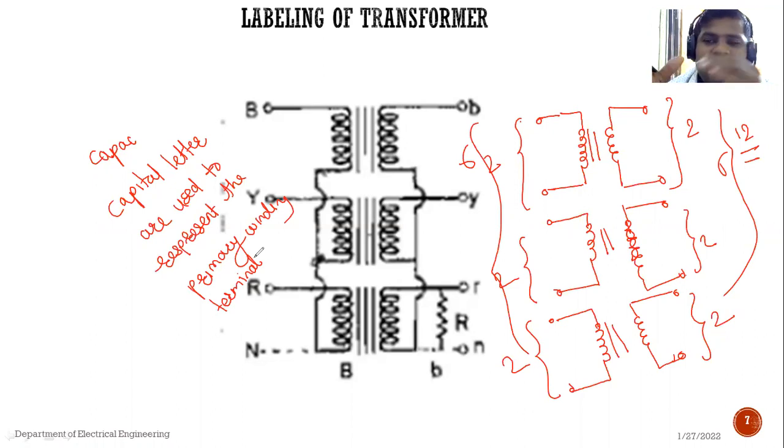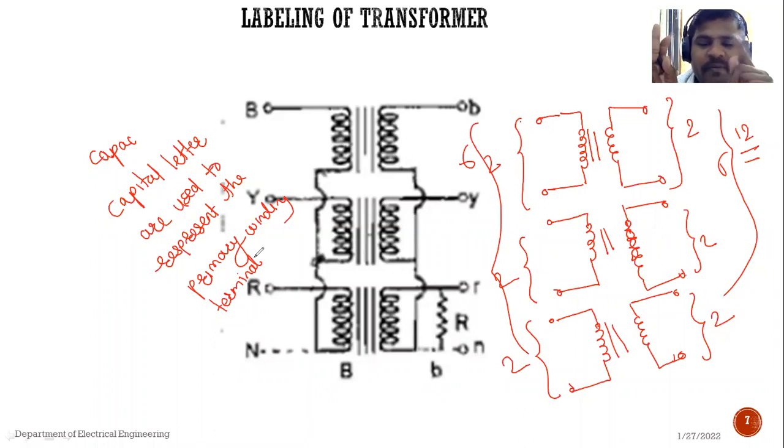So if you are doing a connection and in your hand there is a capital letter terminal, suppose R terminal is there, whether it is primary or secondary, you can easily identify. प्रायमरी का सेकंडरी आहे हे तुम्ही आयडेंटिफाय करणार. वेदर इट इज प्रायमरी और सेकंडरी, जर कॅपिटल रिप्रेझेंट केलेलं असेल तर प्रायमरी.